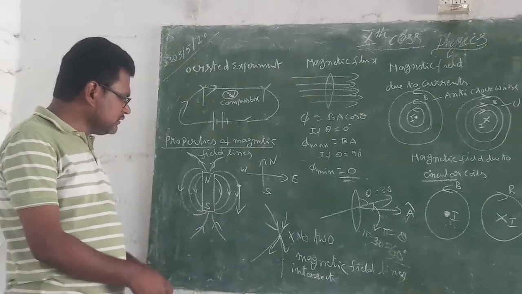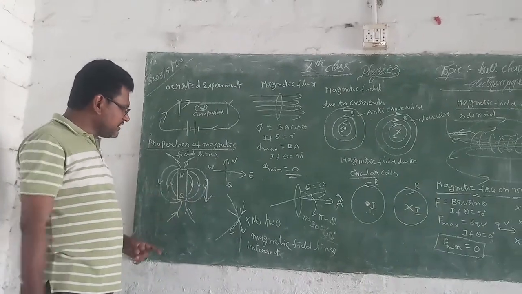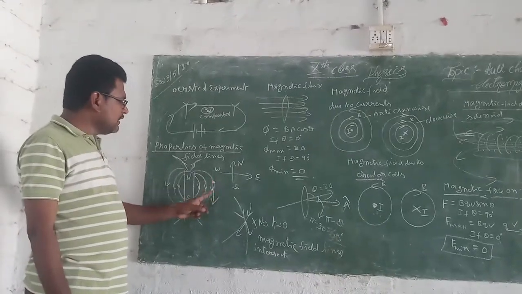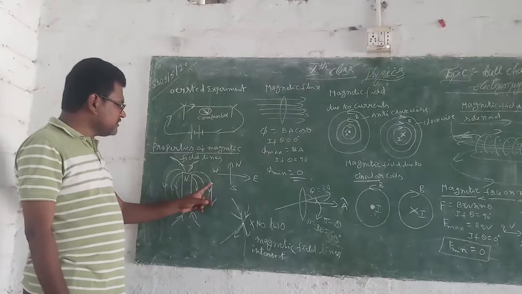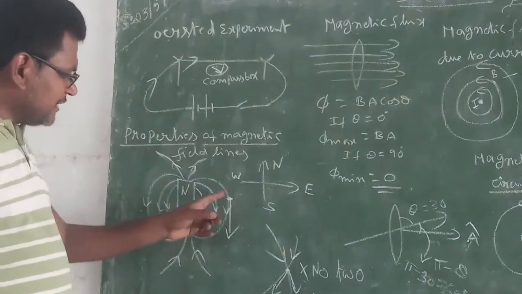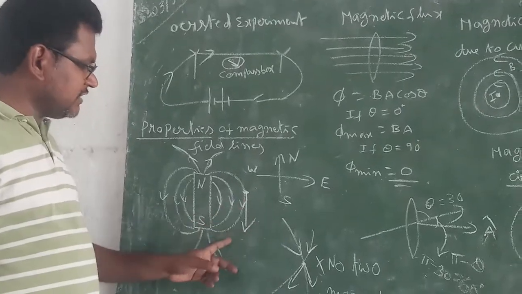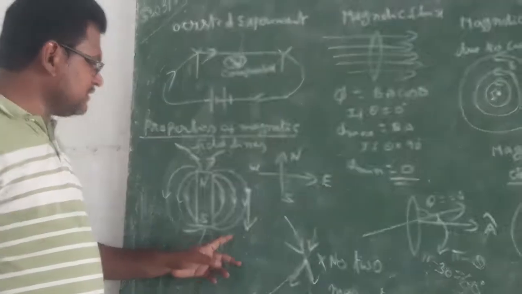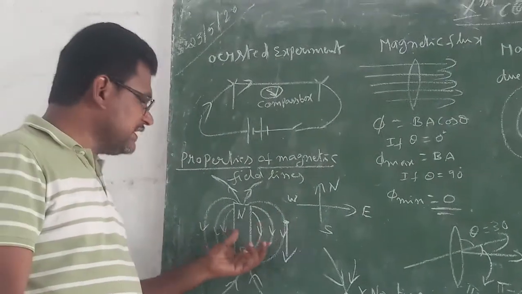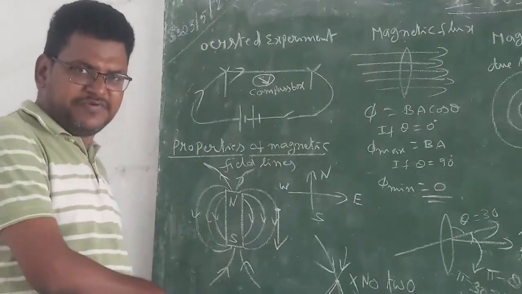To know the direction of the magnetic field at any point, we can draw the tangent to the magnetic field line. That tangent indicates the direction of the magnetic field at that point. As we move from point to point, the direction of the magnetic field changes and the strength of the magnetic field also changes, and this is the example for a non-uniform magnetic field.